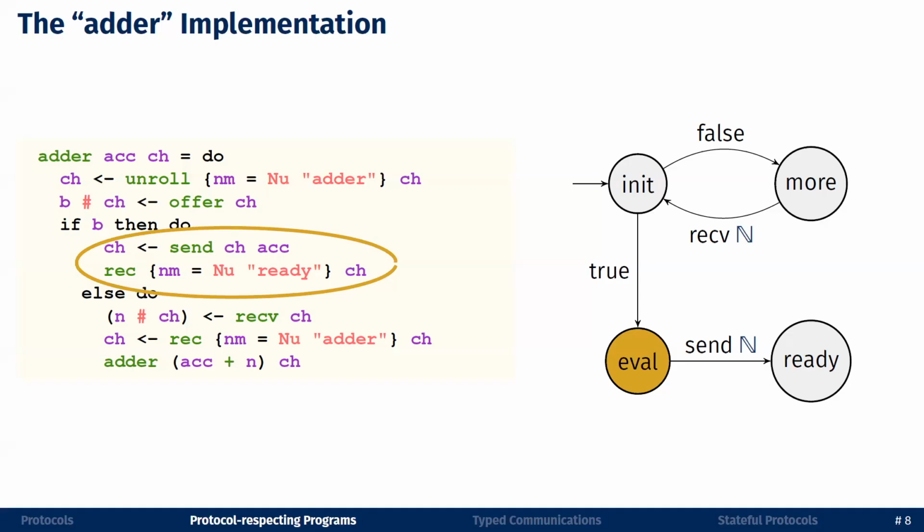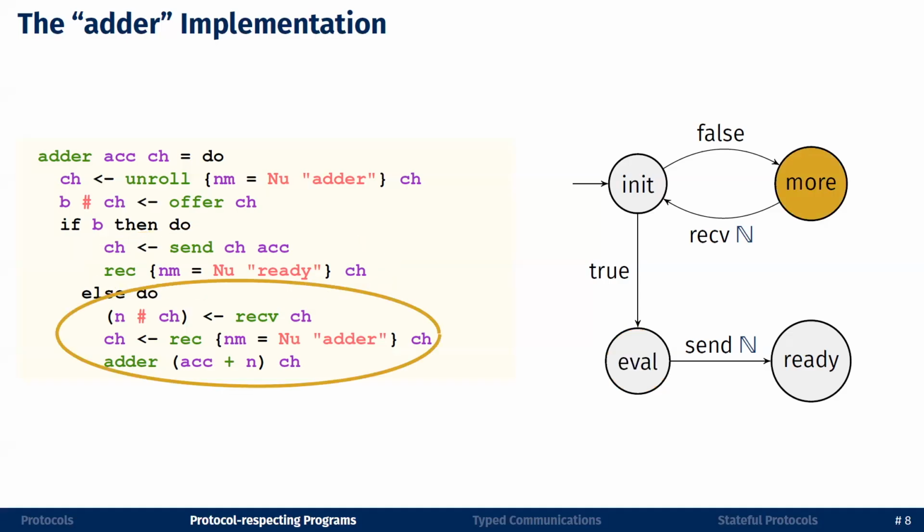And then we are recursively jumping back to the ready state, which is exactly what we saw in the big finite state machine we had before. And if the client is picking the other branch, then we are waiting for an additional argument, and we return this time to the init state. I called it adder rather than init, but whatever.